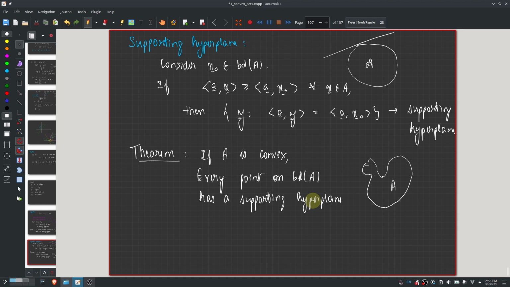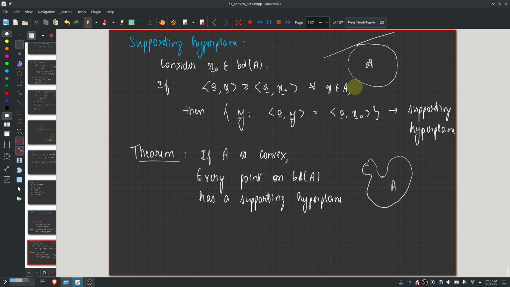What do you mean, the reflection about any hyperplane? Choose a hyperplane. The convex set. Which one? A is a convex set in Rn. Okay. So I want to show that at every point on the boundary of A, I can construct a supporting hyperplane that passes through that particular point.